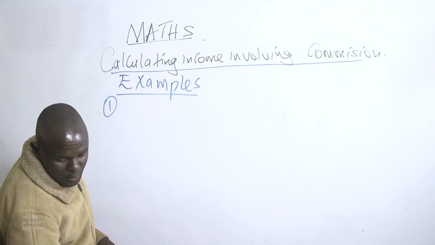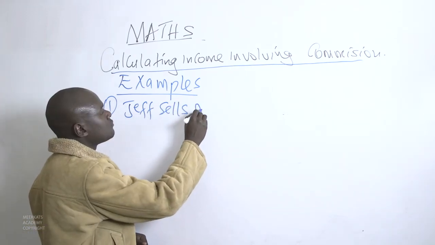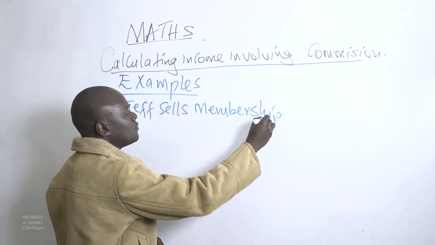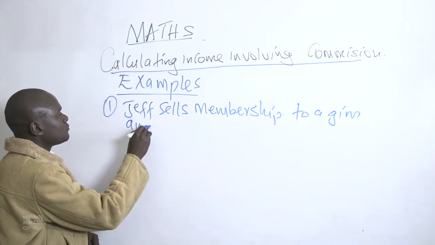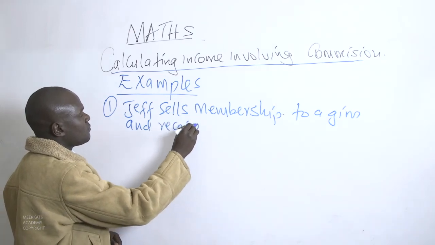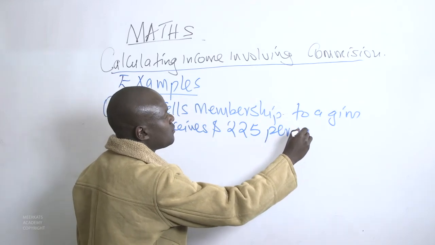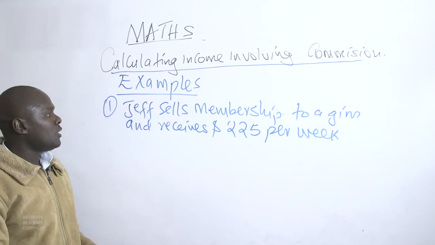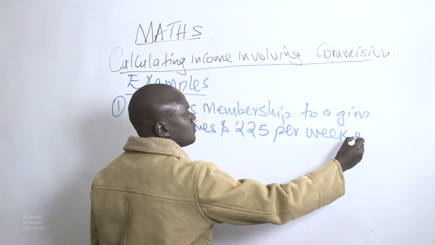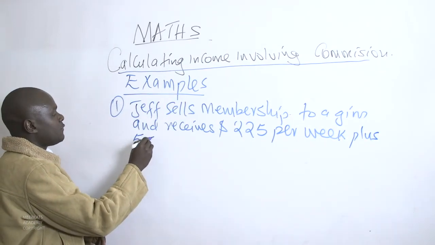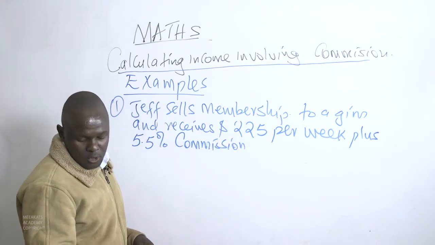And our first example: Jeff sells membership to a gym, and he receives $225 per week plus a 5.5% commission on his sales.